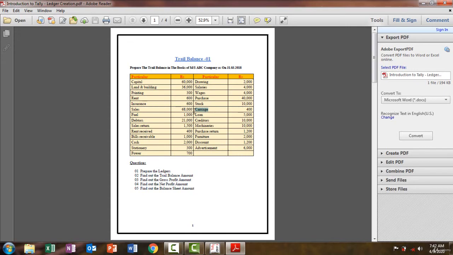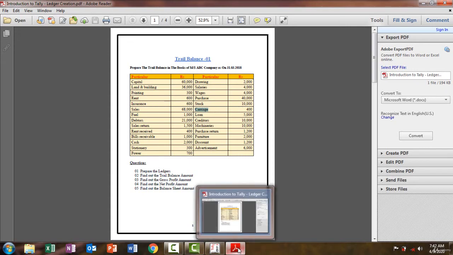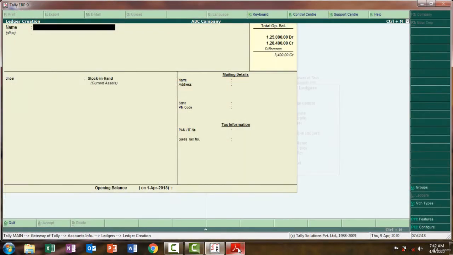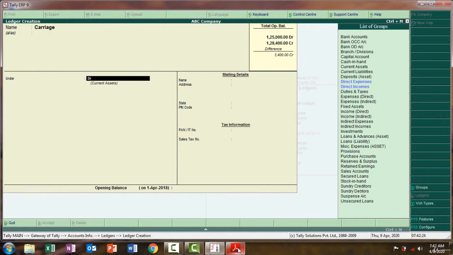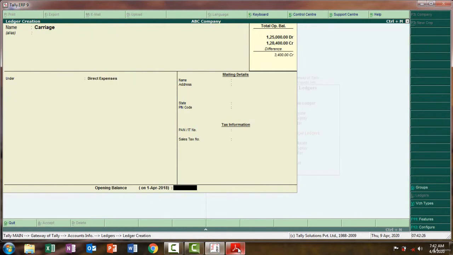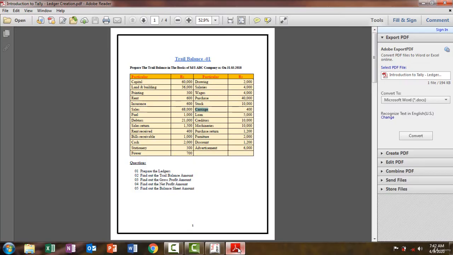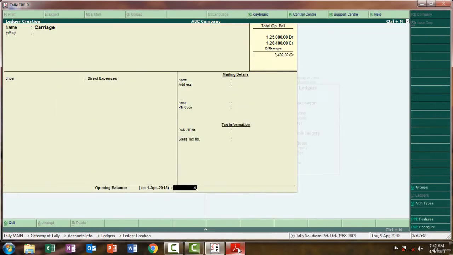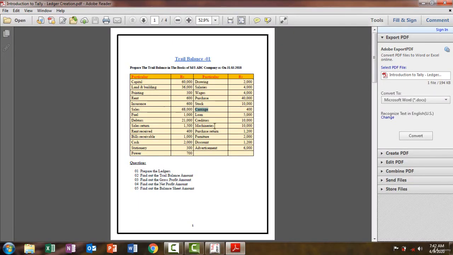Carriage is a direct expense, so I'm going to create the ledger carriage, and it is coming under the direct expenses, and the amount is 400, debit, yes. Then the next one is loan.